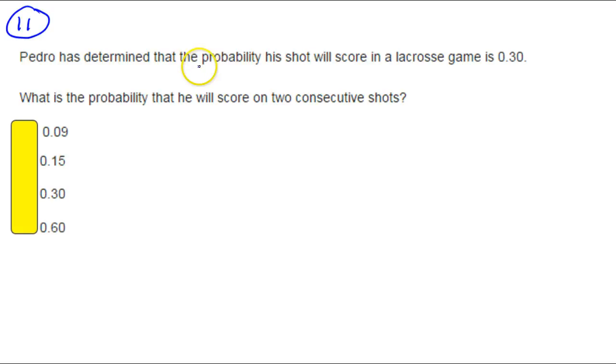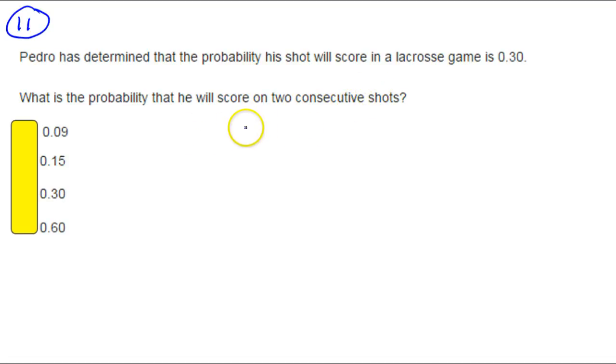Pedro has determined that the probability his shot will score in a lacrosse game is 30%, 0.30. What is the probability that he will score on 2 consecutive shots? Well, these are completely independent events.